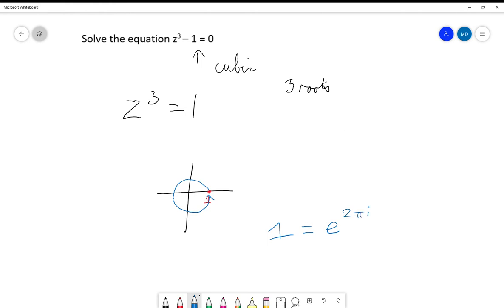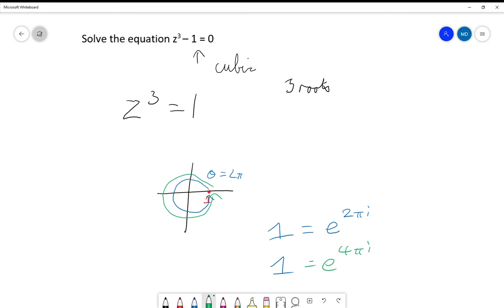Because it's a full turn, our angle is theta equals 2 pi, so e to the i theta becomes e to the 2 pi i. So we could also write 1 like that. Or we could take another turn and write 1 as equal to e to the 4 pi i. And that is the trick.